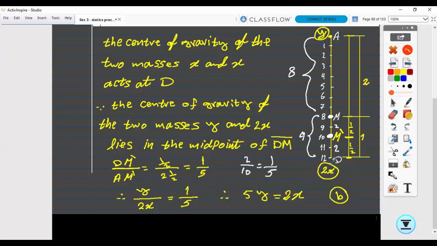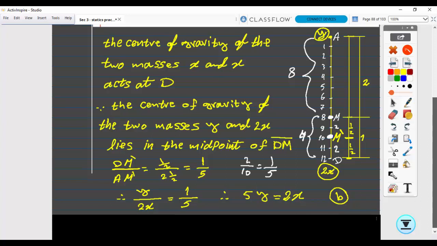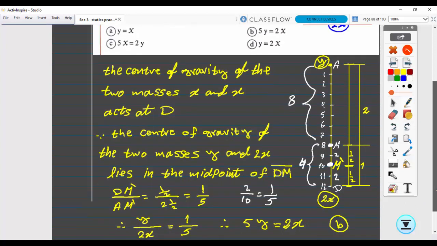Of course, you can prove it by other methods, but I use this to make you understand quickly. Cross multiplication: 5 times y equals 5y, 1 times 2x equals 2x. So 2x equals 5y.